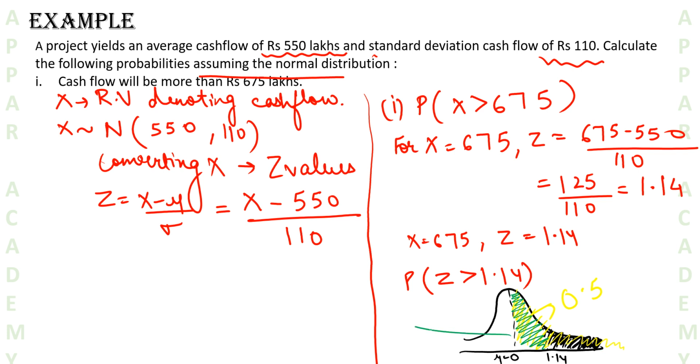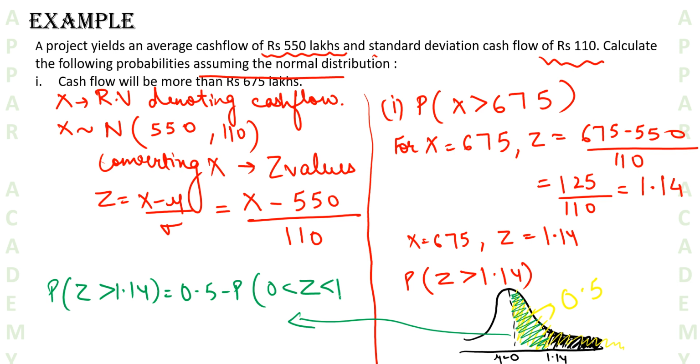So I'm saying that if we want to find the probability that Z is greater than 1.14, can we simply do 0.5 minus the probability that Z lies between 0 and 1.14? We are subtracting this small green shaded region from this entire yellow shaded region. That is 0.5 minus the probability that Z lies between 0 and 1.14. This will give us this probability, right?